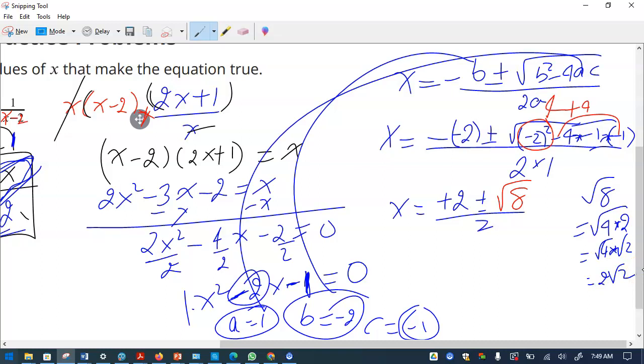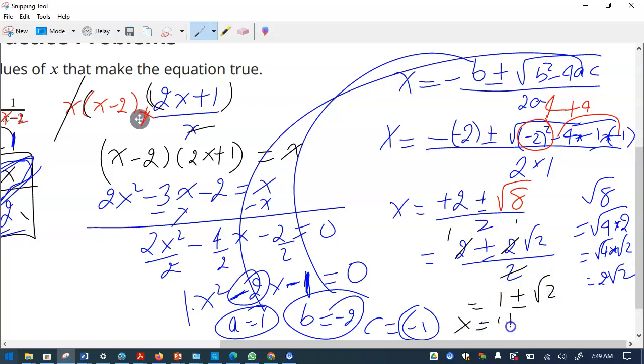So this becomes 2 plus or minus 2 root 2, and there is a 2 in the denominator. That 2 crosses out, dividing each term by 2, so you get 1 plus or minus root 2. So your two answers are one with plus and the other one with minus, and you're done.